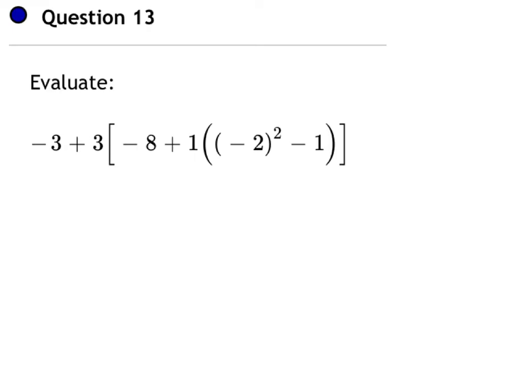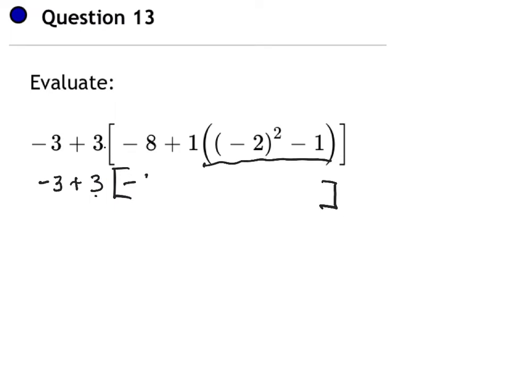We have brackets and parentheses. It looks complicated, but it's not. Again, right here, they try to trick you and make you go, oh, that's going to be 0. Don't do it. Your last step is going to be to multiply 3, this 3 right here, times the number you get in these brackets. So now inside the brackets, order of operations, we're going to go to this set of parentheses.